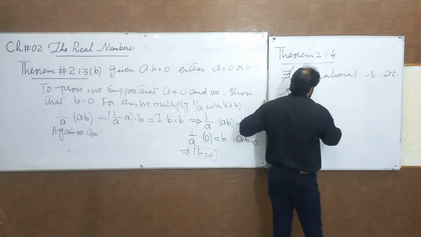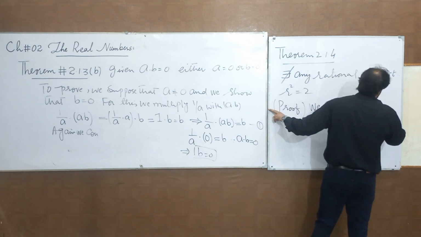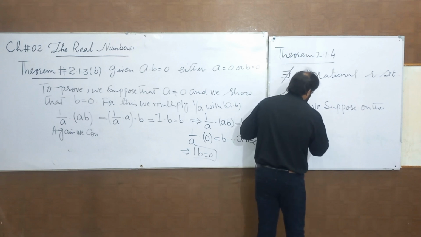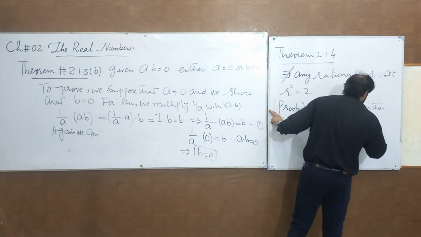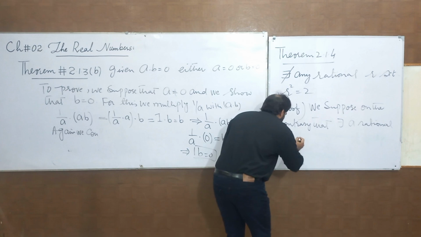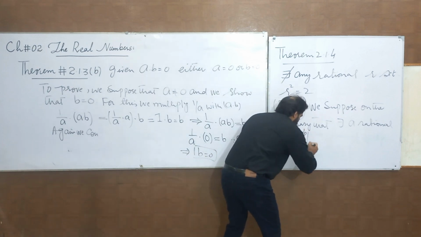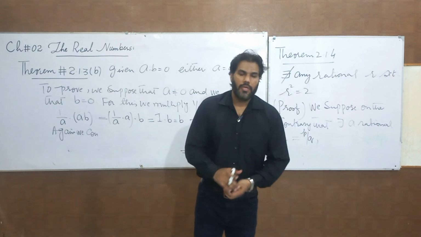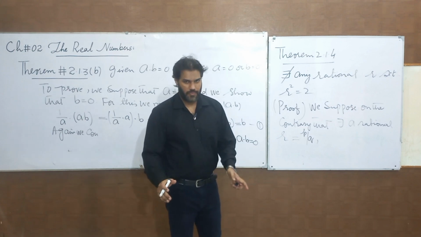We suppose on the contrary that there exists a rational r such that r is equal to p over q, where r is in its lowest form. In other words, we can say that p and q have no common factor between them.